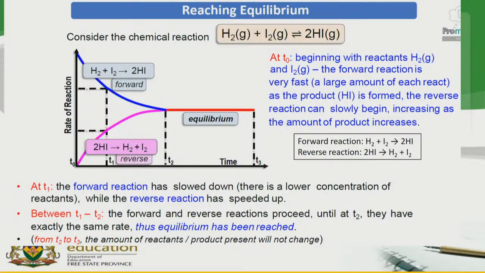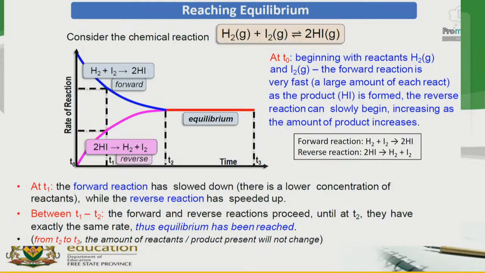So that is called the forward reaction. When hydrogen and iodine react, more of the hydrogen and iodine will be used. It means the amount of hydrogen and iodine will decrease. As the hydrogen and iodine react, more of the hydrogen iodide is formed.